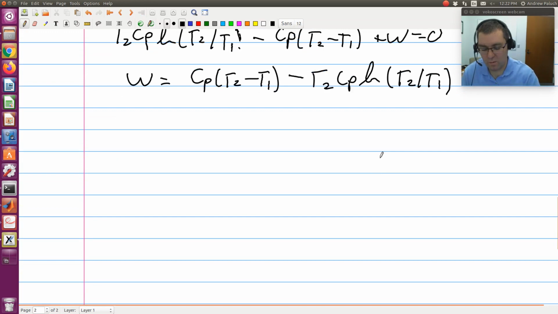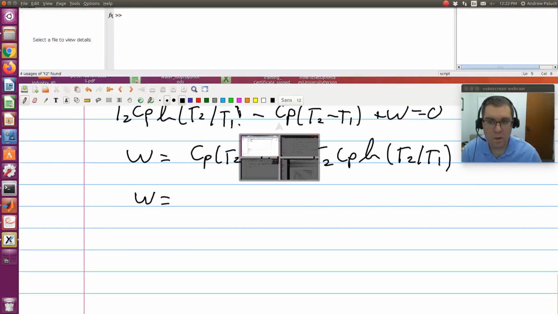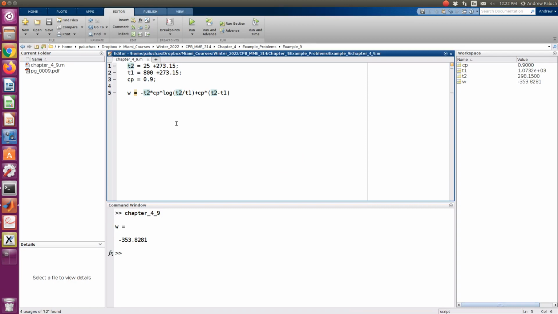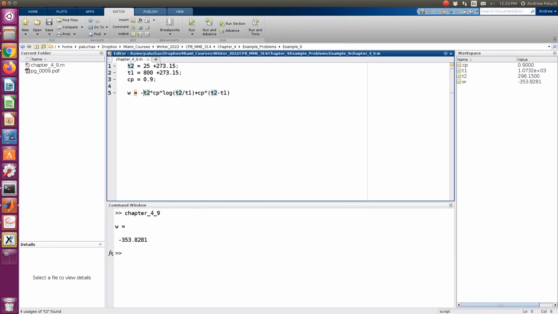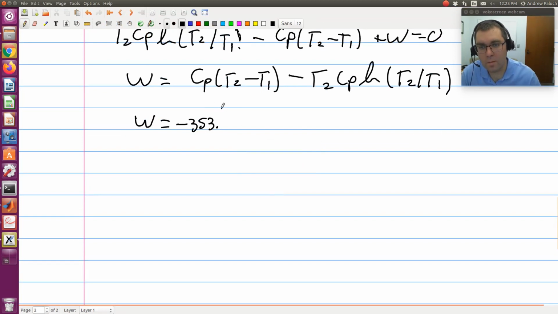So solving, we get that W is equal to negative 353.8281 kilojoules per kilogram.